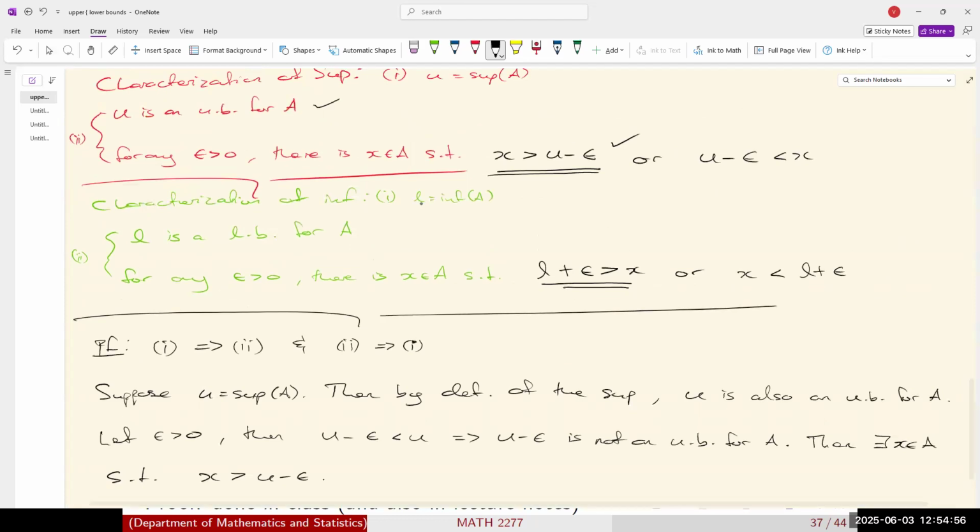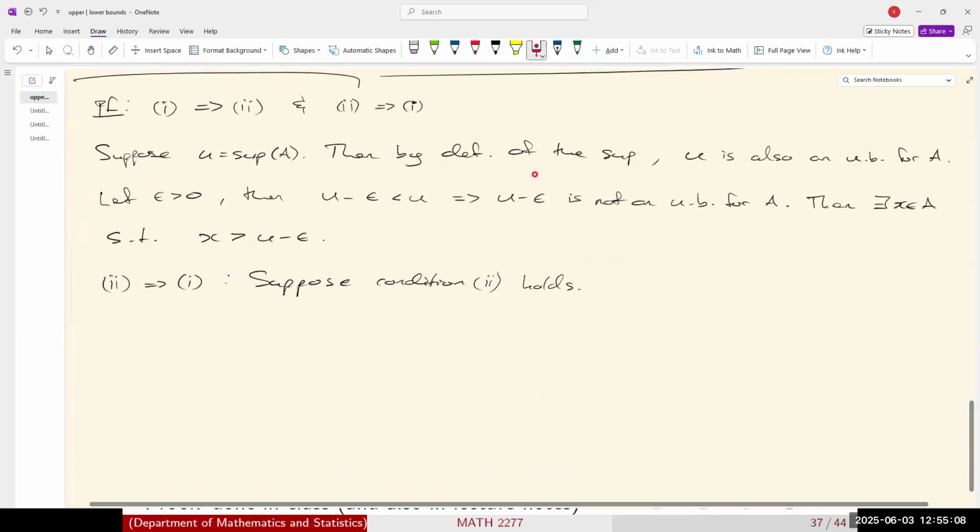So again, this is condition 2. U is an upper bound, and for any epsilon, there's an element in A such that x is bigger than U minus epsilon. So suppose that is true.